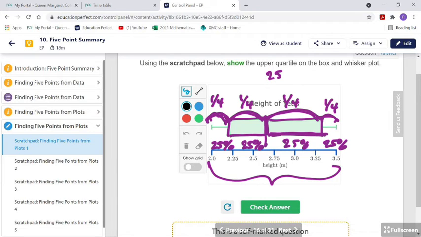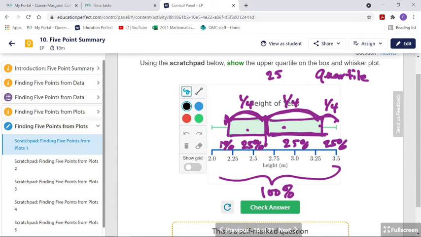Which makes the whole thing 100% because the whole set is always 100%. So the median separates it into 2 sides of 50%. Yes? Okay? And each one of these quarters is called a quartile. Does that make sense? A quarter, a quartile?